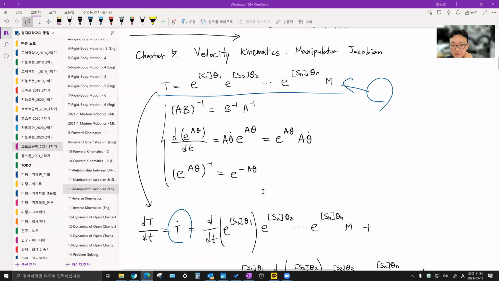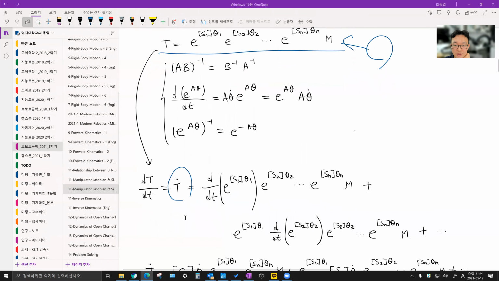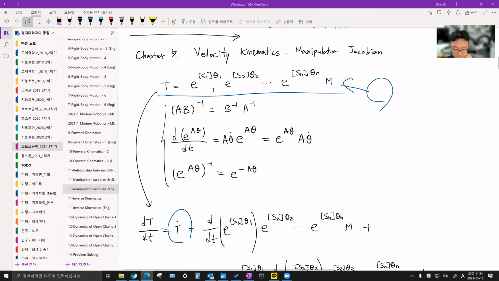So if we take the time derivative of T, then we can take the time derivative of this one. This equation is multiplying a product of exponential coordinates.